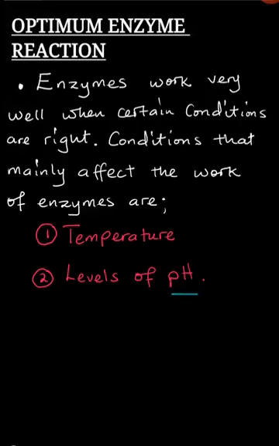Remember, pH simply measures the acidity or the alkalinity of a particular environment. So these two conditions affect the speed at which enzymes work. Okay? So this is the background that you must have when you are trying to understand optimum enzyme reaction.